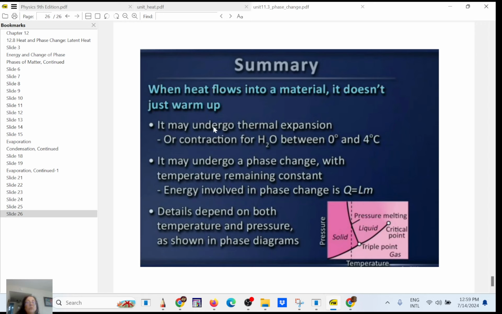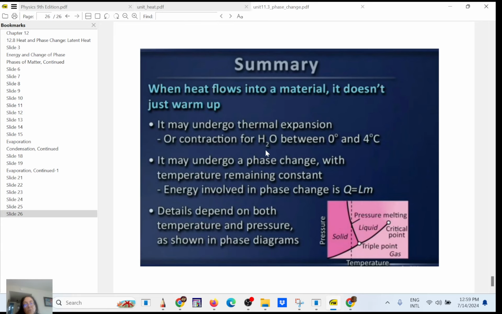Okay, so usually when you increase the temperature, and that will be my next video, I have one more video to do. So when you increase the temperature, a substance will expand, except for water that will contract when you increase the temperature between 0 and 4 degrees Celsius, right? So this is called thermal expansion, and we will talk about that next time.